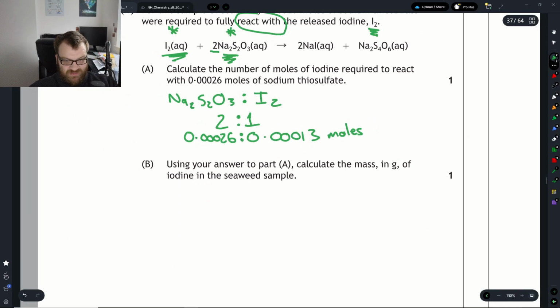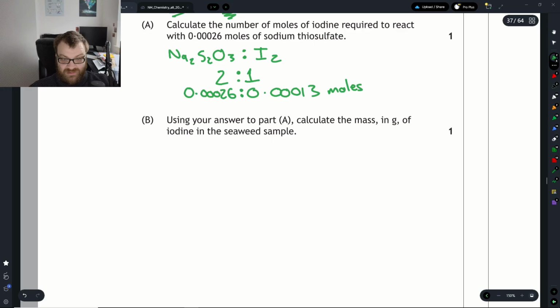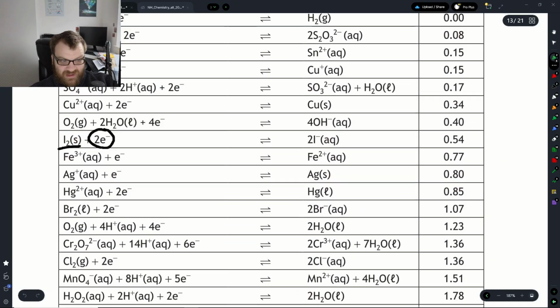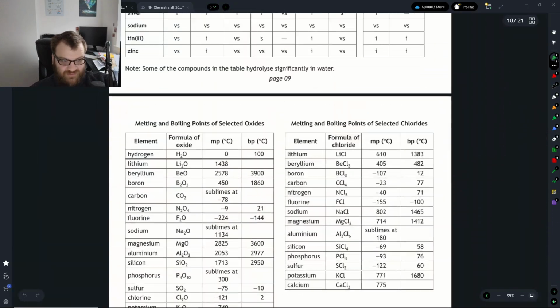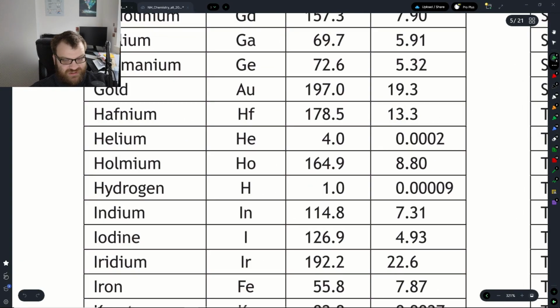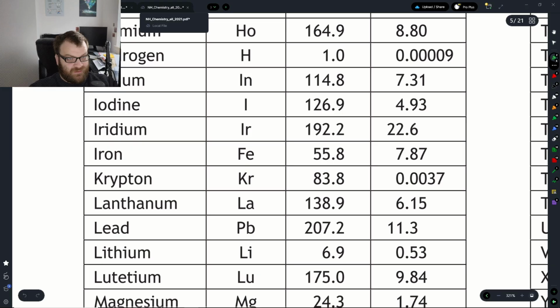That is how many moles of iodine we've got. We're asked to work out the mass of iodine in that sample. Well, I know the number of moles, so I use m = n times M, where the mass is what I find out. Iodine is diatomic, so that's something we need to take care of, otherwise we're going to get the wrong answer. 126.9.